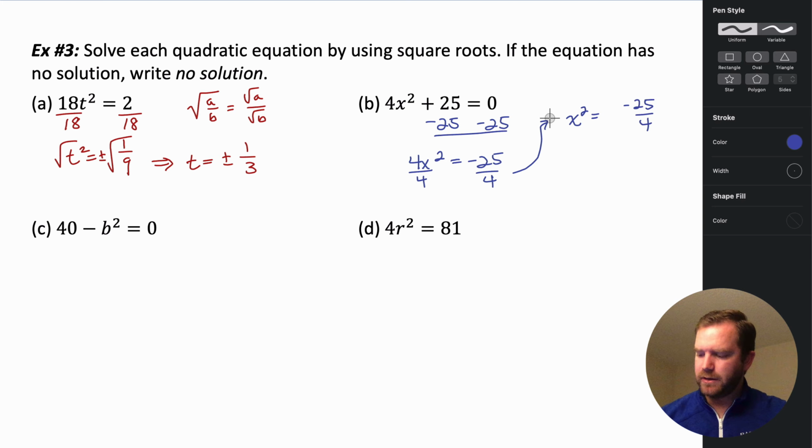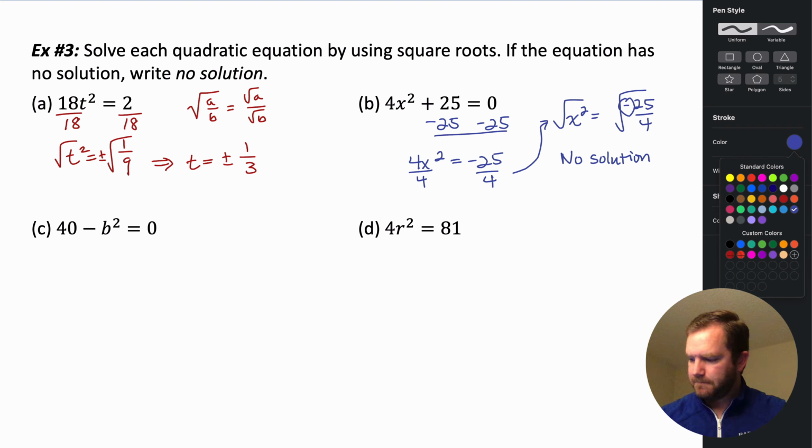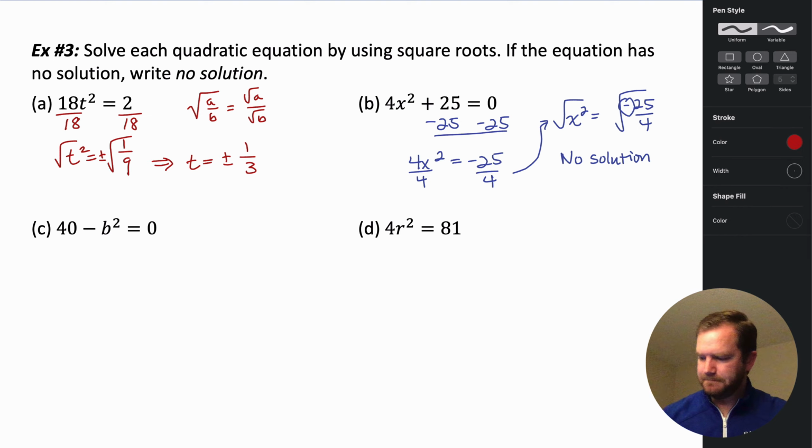They are both perfect squares though, so when I take the square root, I actually can't. I can't, right? Because of this negative. Because that negative's in there, this tells me it's no solution. So a negative in the radical means it's no solution. Even though 25 and 4 are perfect squares, this is still no solution because this number here is negative. Okay, a couple more, and then we'll finish this up.